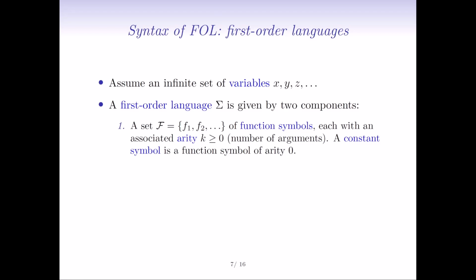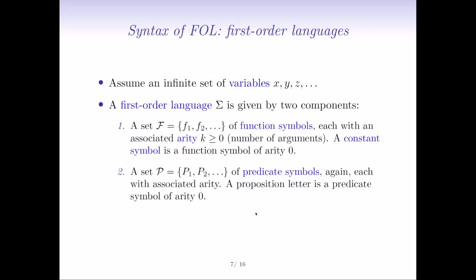In the special case where the function symbol has arity 0, so it takes no arguments, it is then called a constant symbol. Just like the Socrates that we saw in the previous example, a constant can be seen as a function that doesn't take any arguments.